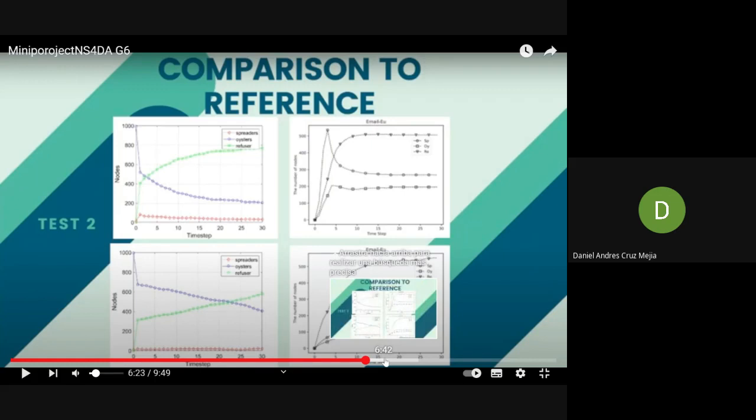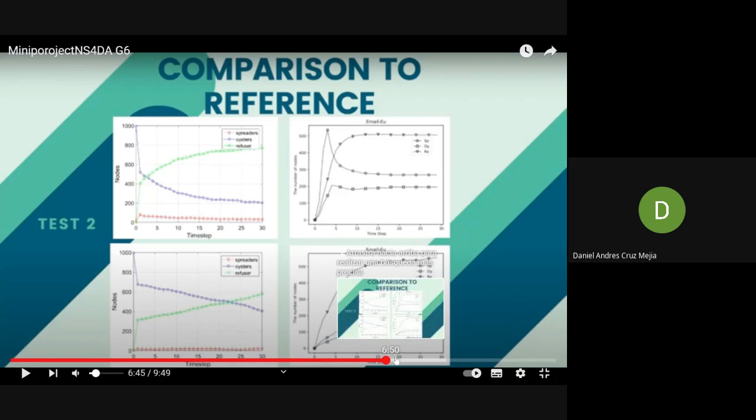All refusers in green have a similar trend, and here we have both cases. On the upper one, it's a distribution of low knowledge throughout the network, and in the lower one, it's a case of high knowledge throughout the network.